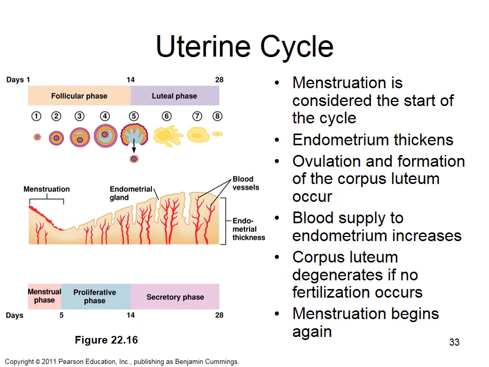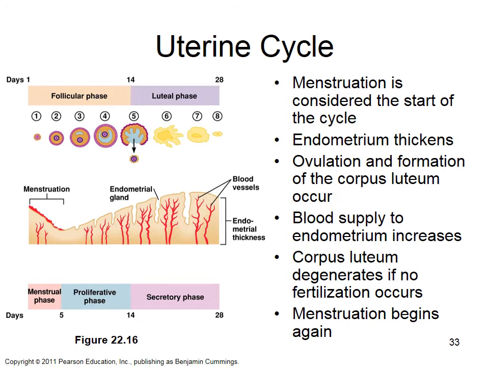During the follicular phase, the start of the follicular phase is menstruation, so shedding of that endometrial layer. Then as the follicle starts to develop, more and more estrogen gets produced, and that causes the proliferative phase, where the lining of the endometrium thickens.